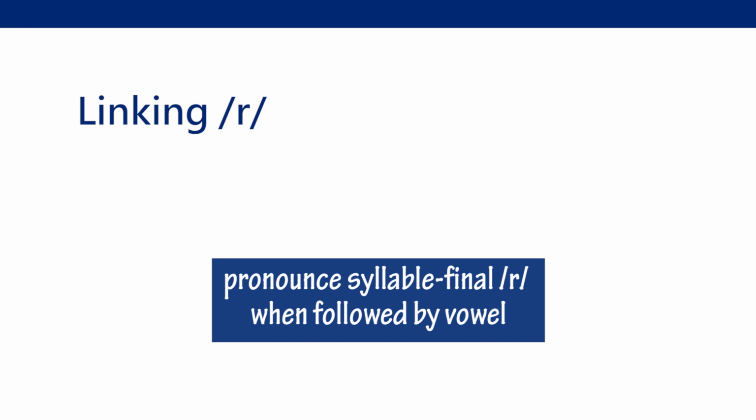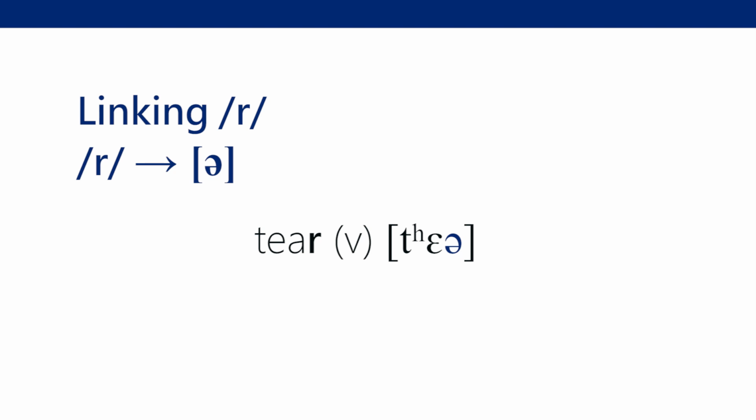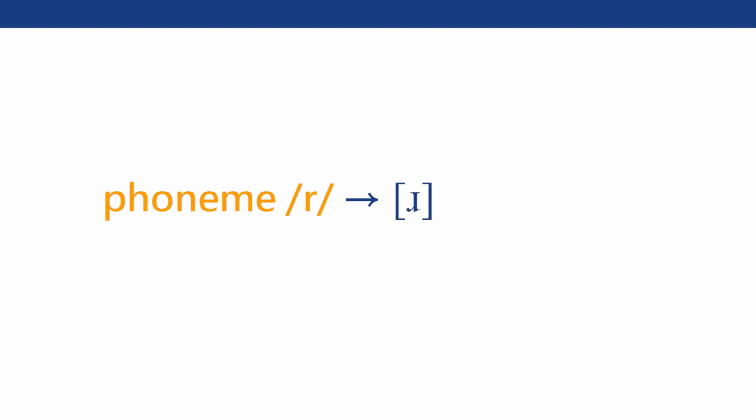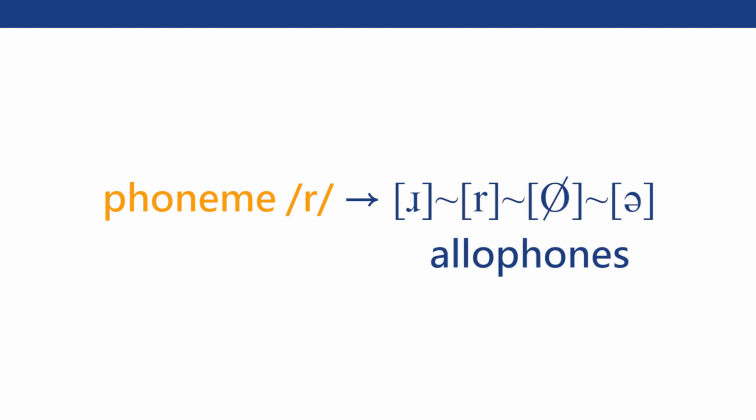You call the R a linking R because it may be linked to the next word. Tear. So you could say here the R has become a schwa if it's not pronounced. But when you want to say tear it, these are linking R's. So far, different varieties of R: nothing, schwa. Four allophones of R.